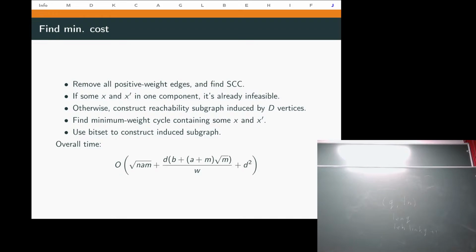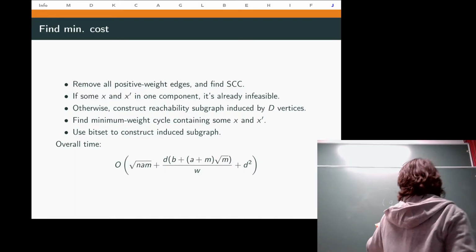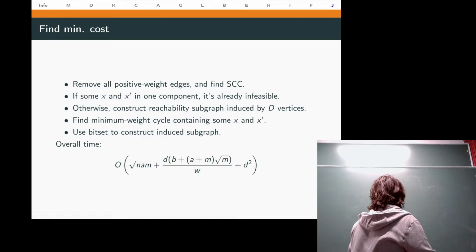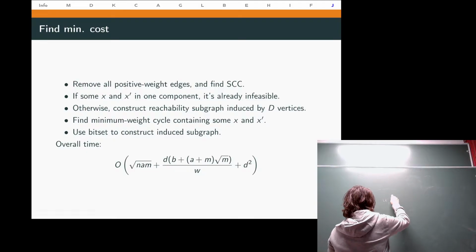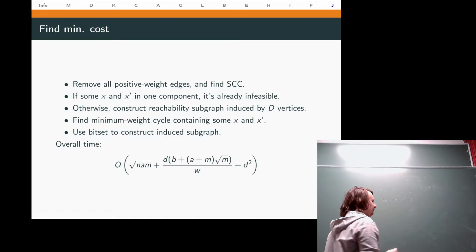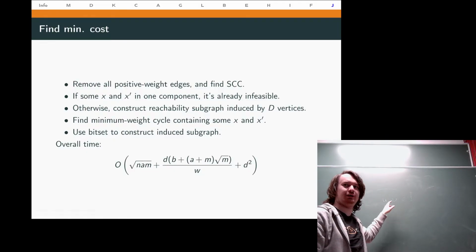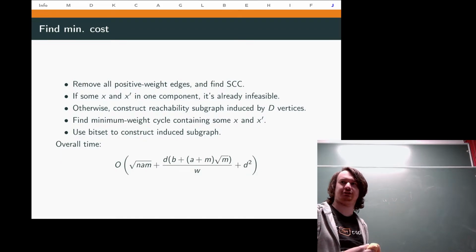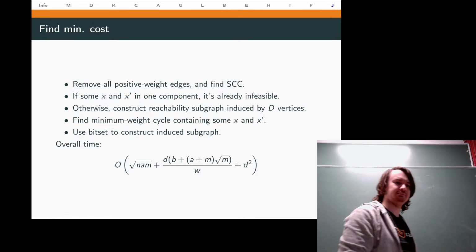So we want to get this subgraph of vertices reached from type D. Do you care which vertex in D can reach it? I think that for every two vertices U and V in D, we care whether we can reach V from U and U from V in the original graph. Oh, okay, yeah.